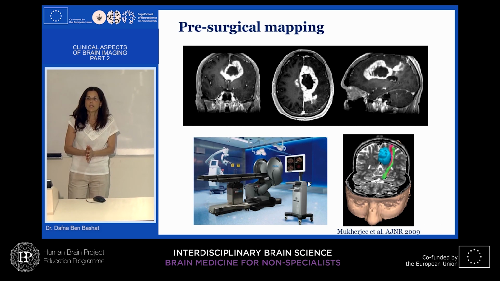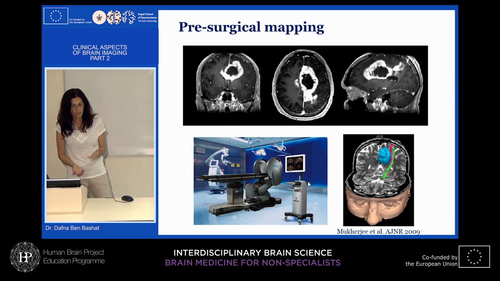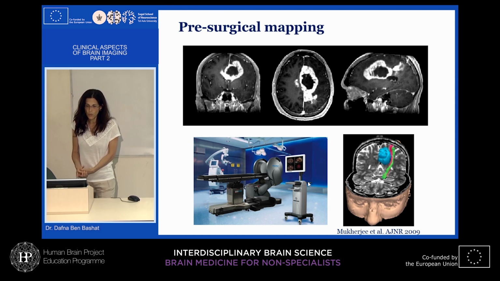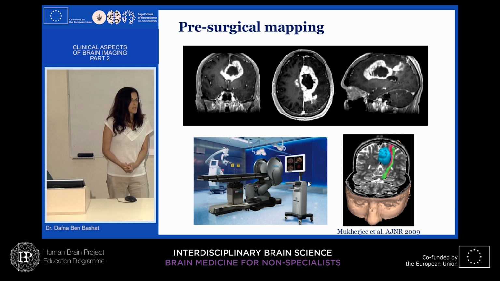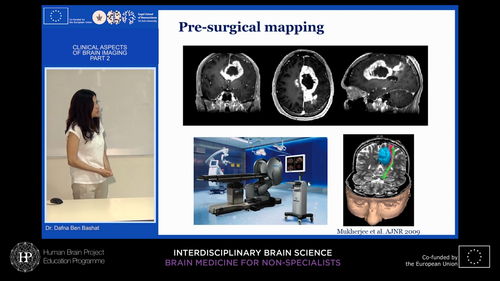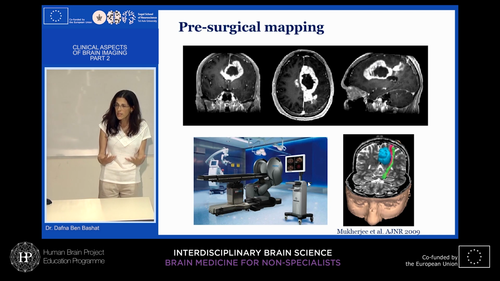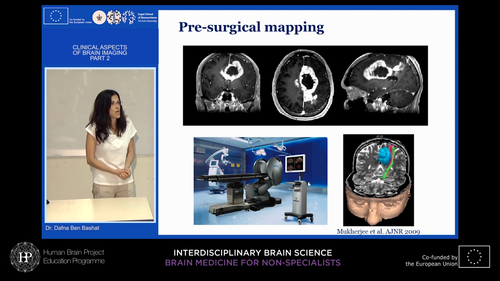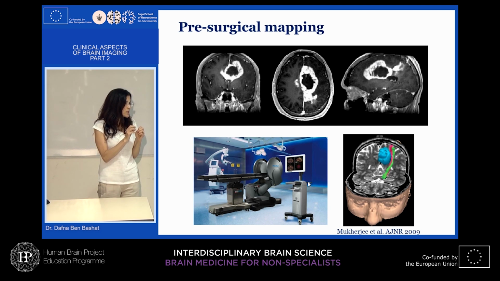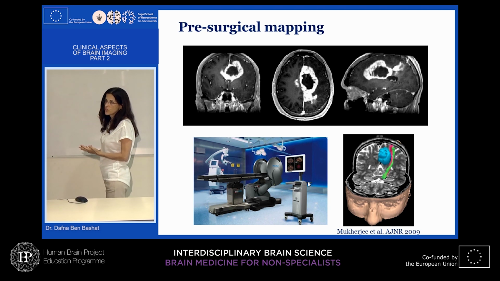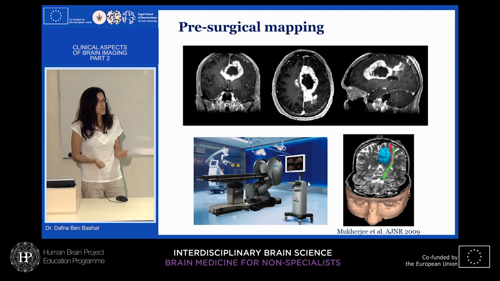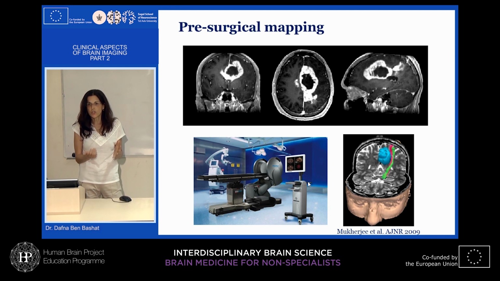One that is routinely done in our center for between 5 to 8 patients a week is what we call pre-surgical mapping. Because when somebody has a lesion or tumor in his brain and he's a candidate for resection, we do want to avoid neurological deficits. So many years ago, we were just mapping those functional areas.